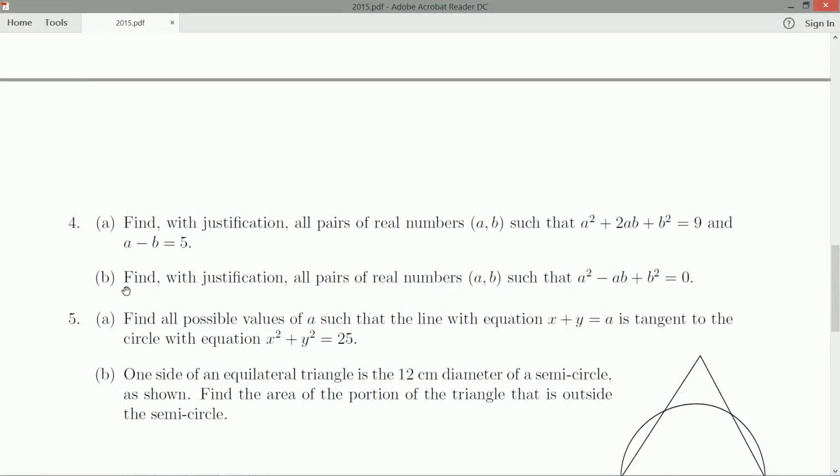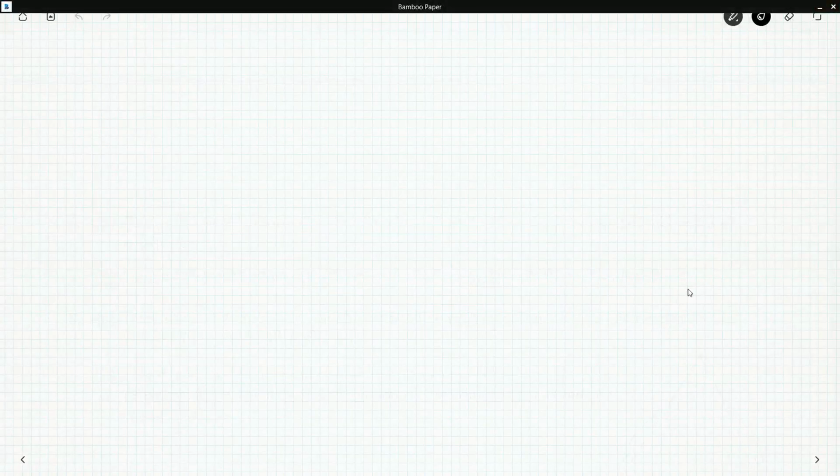So, for part B, find with justification all pairs of real numbers a and b such that a squared minus ab plus b squared equals 0. Now, I really wish there were minus 2ab's, because then we'd have a minus b equals 0, but it doesn't look like we're that lucky there. What can we do here? I can't think of any way to factor this.